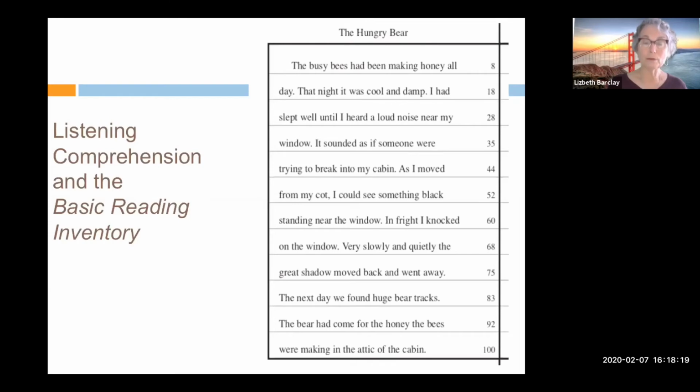Of course, we want the reading comprehension level to be at grade level, but ideally we want that listening comprehension level to be at least at grade level, and we really like it if it's 1 or 2 levels higher, because we want the concept development to be really strong for the reading comprehension to take place.